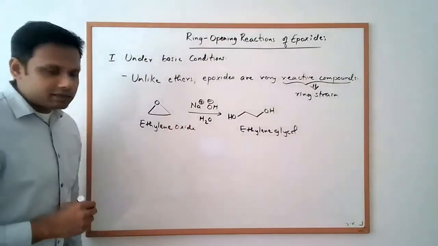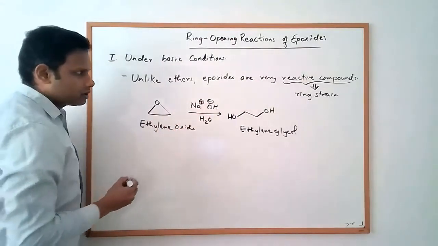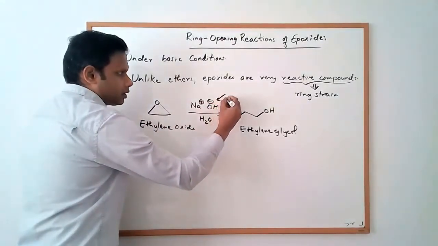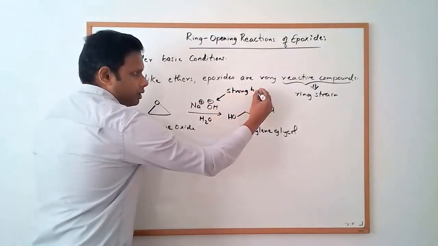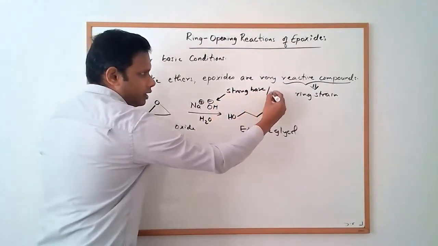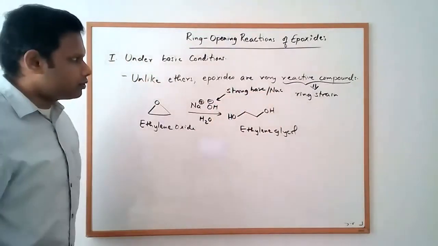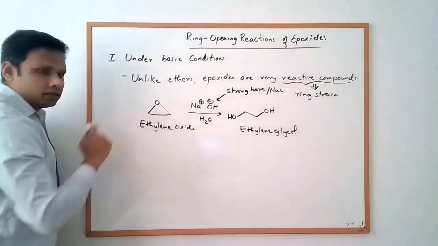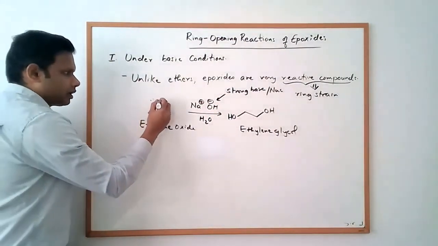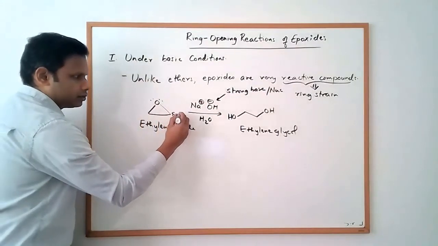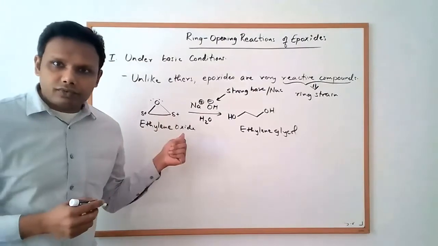So what's the mechanism of this reaction? As you can imagine, we have hydroxide here. The hydroxide, as we know, is a strong base and a nucleophile. And in the epoxide ring, since we have the oxygen connected to these carbon atoms, both carbons are electrophilic.